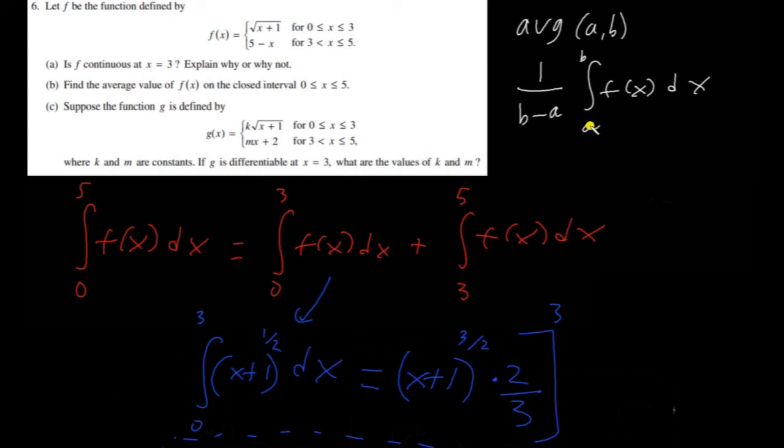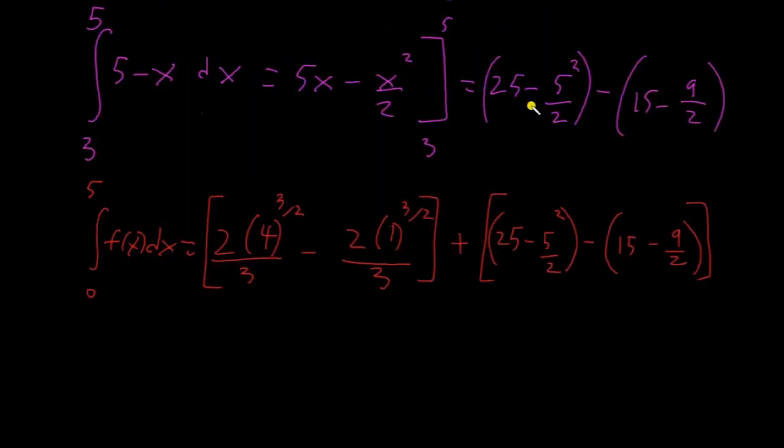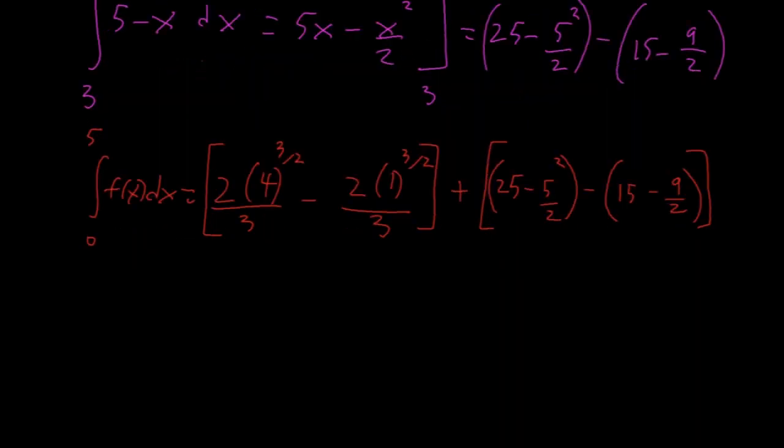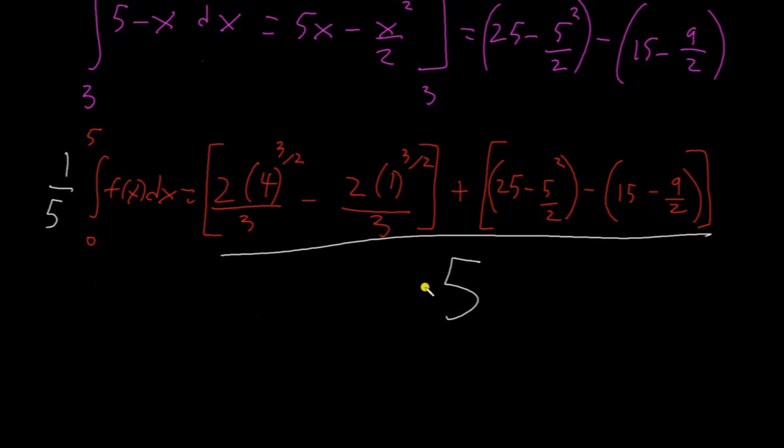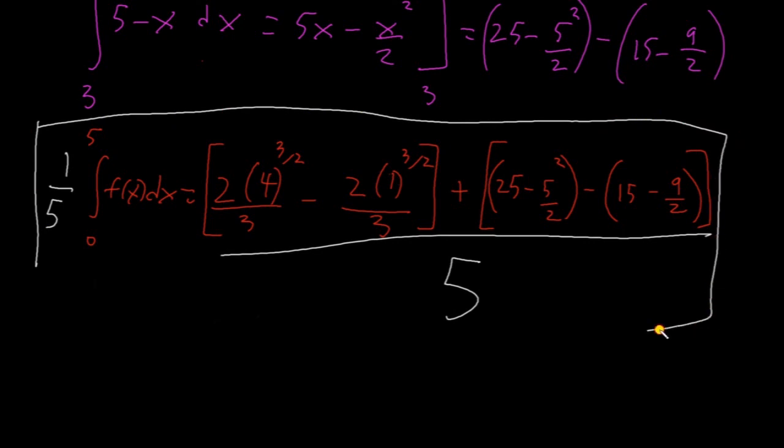Since a is 0 and b is 5, this is going to be 1 over 5. So if I want to find the average value, I'll have to multiply it by 1/5. So I need to divide everything here by 5. And this gives us the average value of our function.